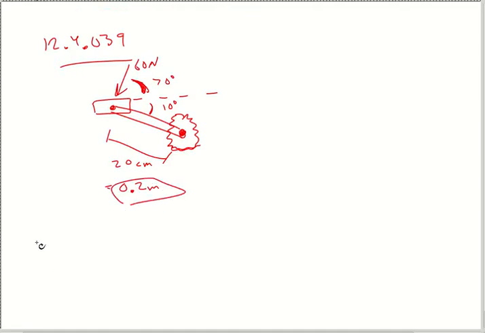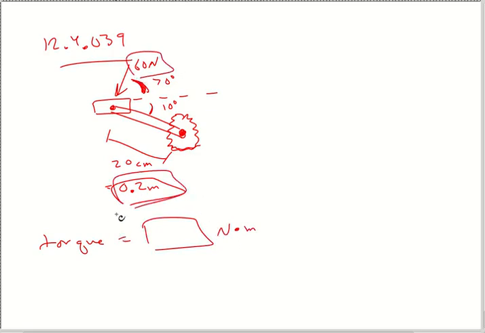So they're wanting to know the torque. Oops. Torque is with a Q, not a G. And so the torque is in the units of Newton meters. So the only thing we have here is this 70 and 10 between them. Let me give you a formula without using cross product. It's actually very simple.